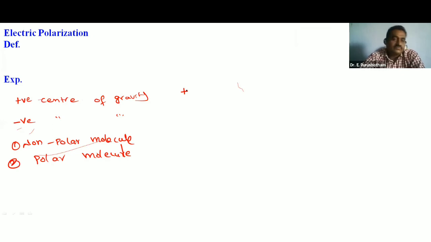You remember, what is a non-polar molecule? If the positive center of gravity coincides with the negative center of gravity, this type of molecule is called a non-polar molecule.